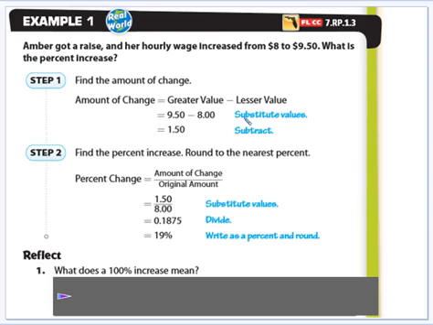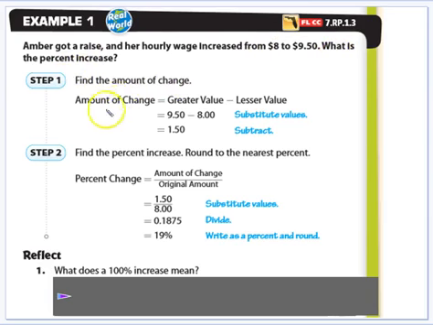Moving on. We've got our first example. Amber got a raise and her hourly wage increased from $8 to $9.50. What is the percent increase? The percent increase means it's going up, which we see is $8 to $9.50.